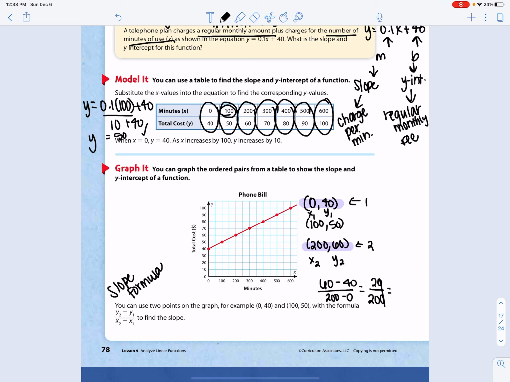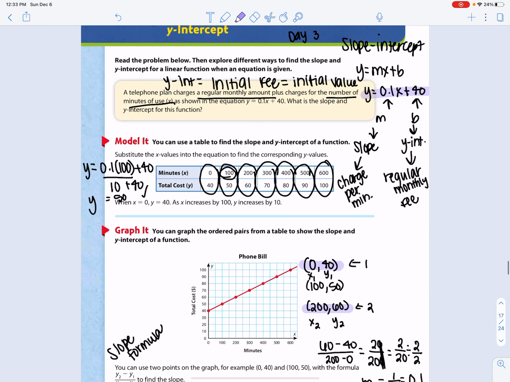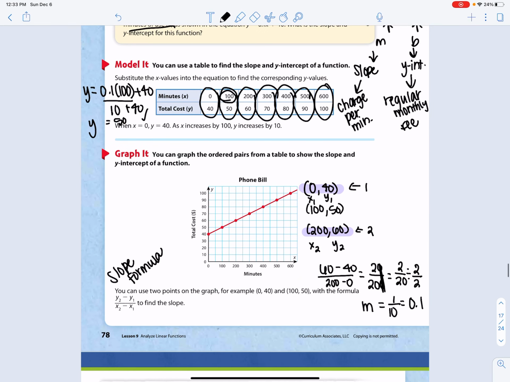I can go ahead and cross out these zeros, which is the same thing as dividing by 10. So I've got 2 over 20. I can just divide by 2 over 2, and I've got 1/10, which is the same thing as 0.1, which we know is our slope, back from our equation from earlier. So we are good to go.